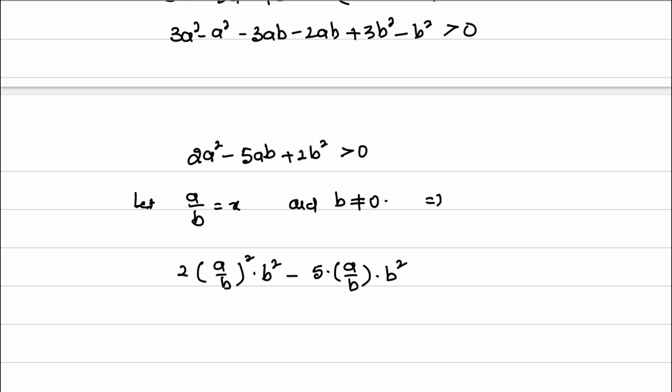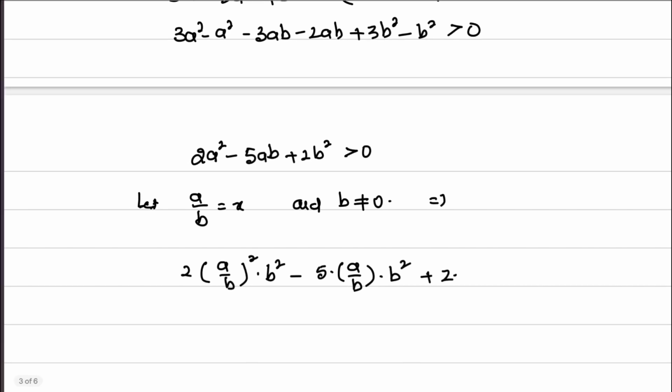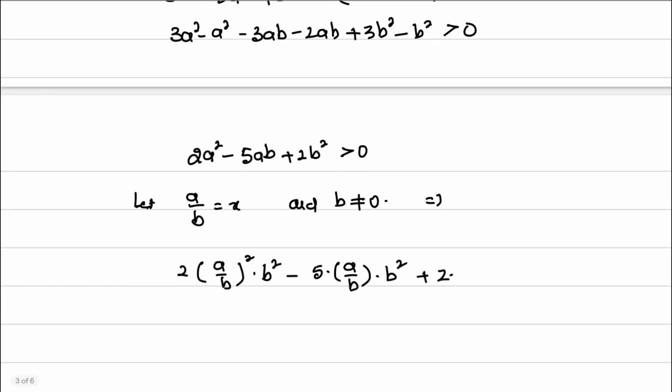I am rewriting 5ab this way, that's all. Plus 2 into b square, that is greater than 0.